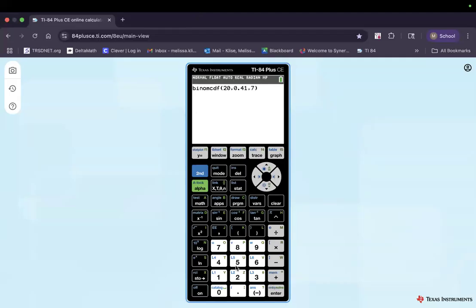Just leave it here; you don't hit enter, you hit the minus button and go in there again. binomCDF 20, 0.41, and 4, because I'm subtracting that off. So all of that is in there. You're more than welcome to do them separately and then subtract them. I just like putting it all in at once. So my probability here is about 33.8%.